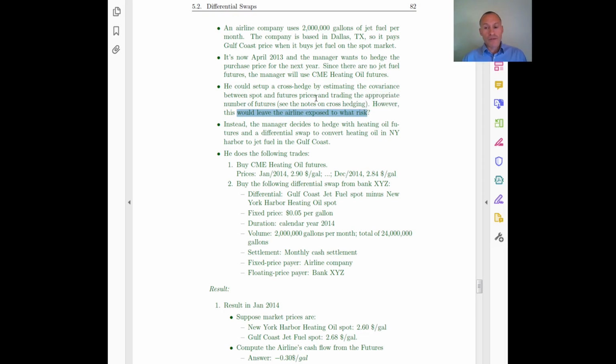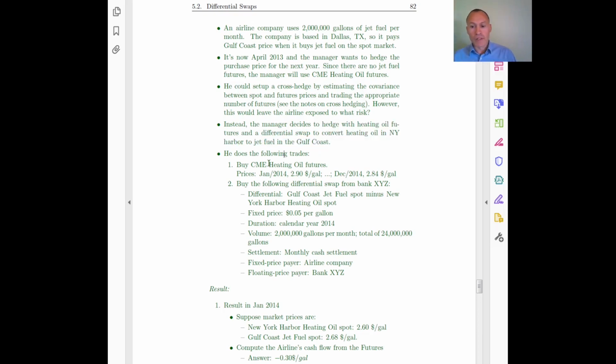So what we can do is to make the hedge tighter. We can hedge with the heating oil futures, which is what is available, and then a second trade, which is a differential swap, to convert from what the future is actually hedging, which is heating oil in the New York Harbor, the delivery location of that liquid futures contract on heating oil, and what we really need, which is jet fuel in the Gulf Coast.